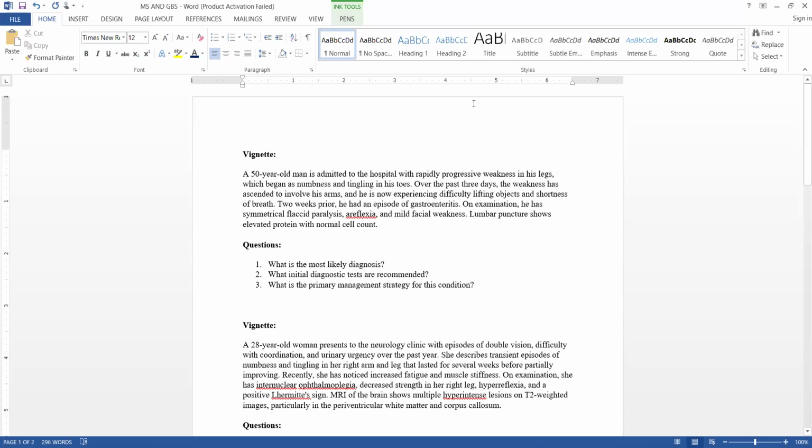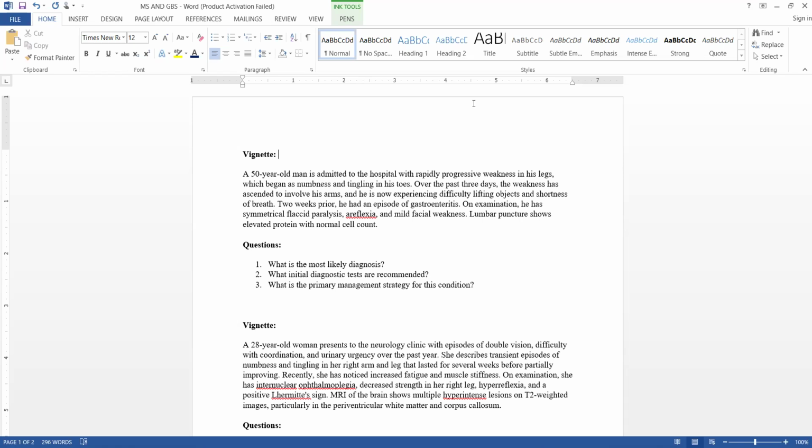Okay, please read loudly. A 50-year-old man is admitted to the hospital with rapidly progressive weakness in his legs, which began as numbness and tingling in his toes. Over the past 3 days, the weakness has ascended to involve his arms, and he is now experiencing difficulty lifting objects and shortness of breath.